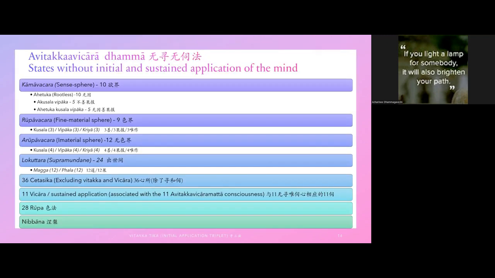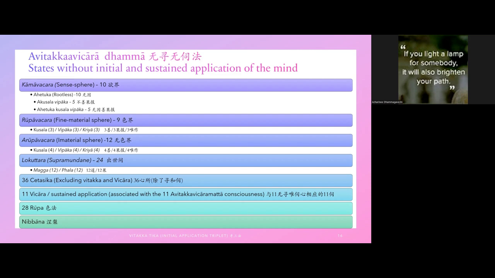Now we come to the final term, avitakkaavicārā dhammā, states without initial and sustained application of the mind. Now, under this term, we get the ultimate realities under all 4 spheres: the kāmāvacara, rūpāvacara, arūpāvacara, and lokuttara.